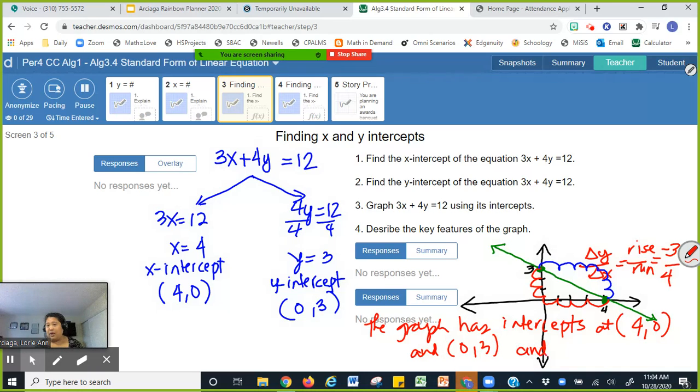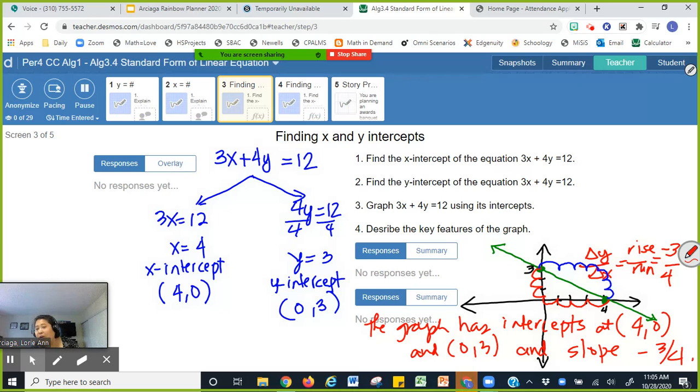Okay. And slope. What is the slope that we got again? -3/4. Right? So the graph has intercepts at 4, 0, and 0, 3, and slope -3/4.